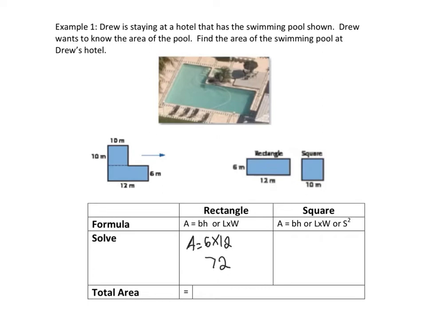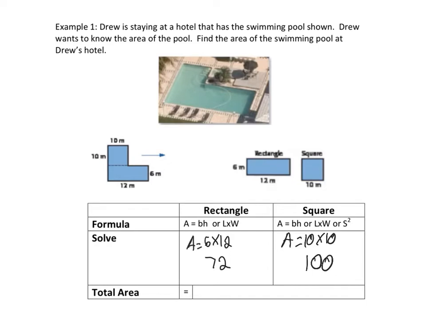Now we need to do the square. The area of a square is base times height, or length times width, or side times side, or side squared. So here we have 10. It's a square, so all the sides are the same. So we do 10 times 10, which is 100.